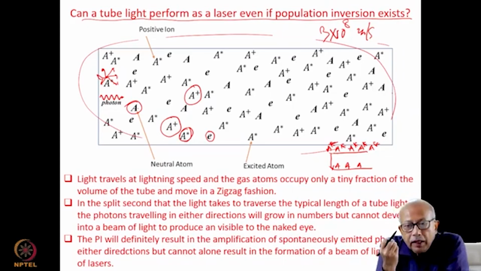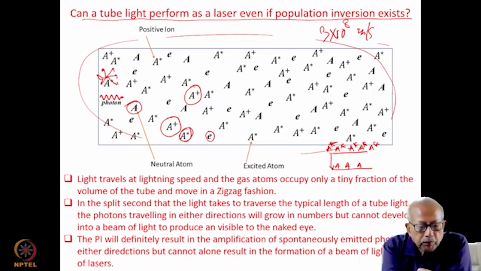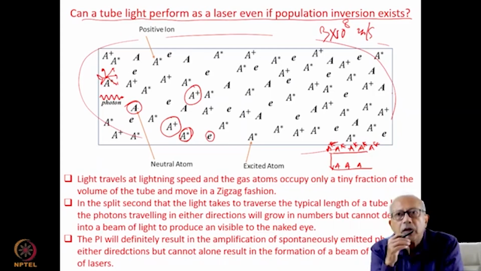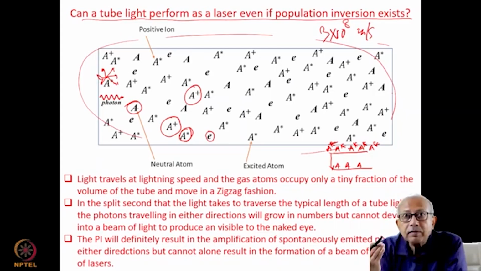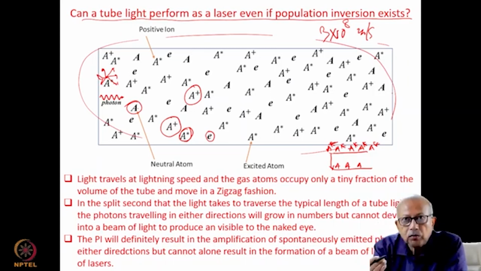Therefore, in the split second that light takes to traverse the typical length of a tube light, there will be very, very few photon to atom interactions, and hence the growth.